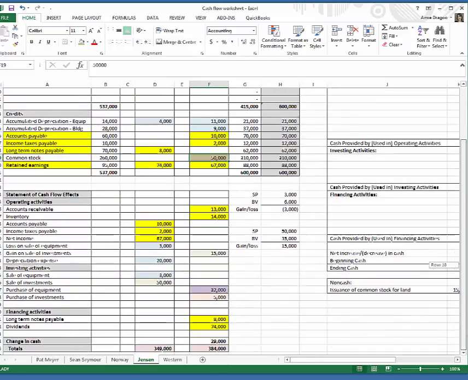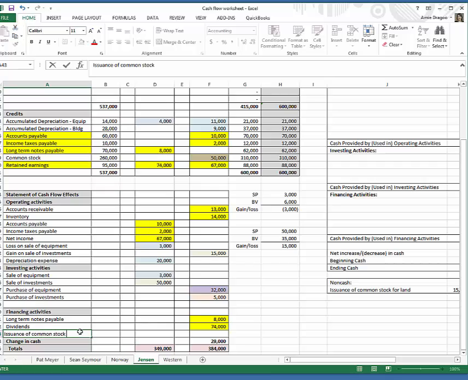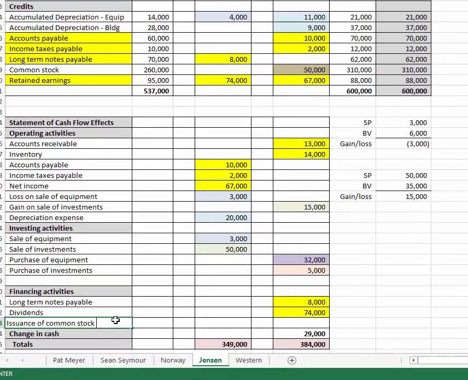So I only want to bring down the cash piece. So I'm going to go down to the financing section and include issuance of common stock for 35,000. That would be a debit, which puts me in balance.